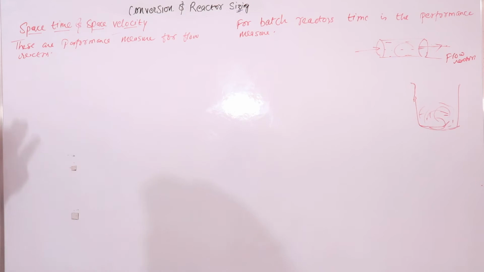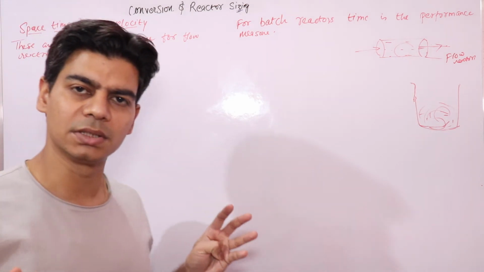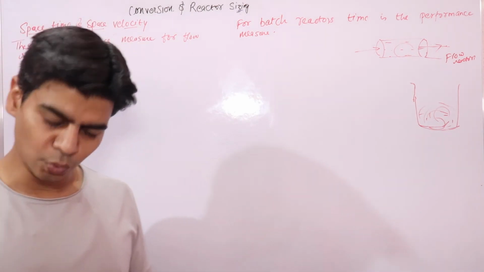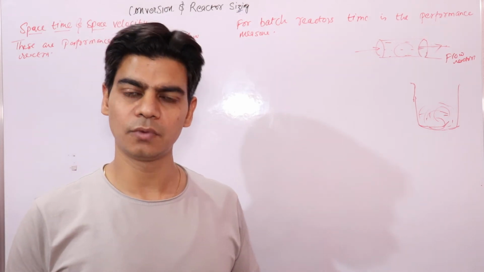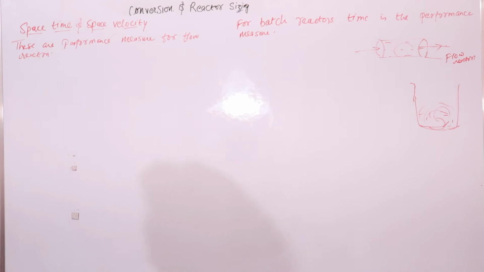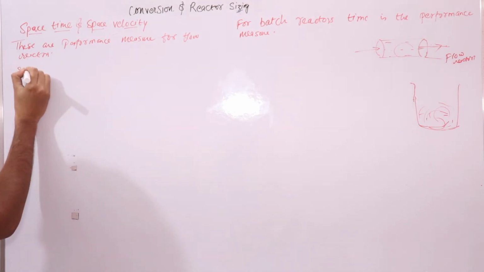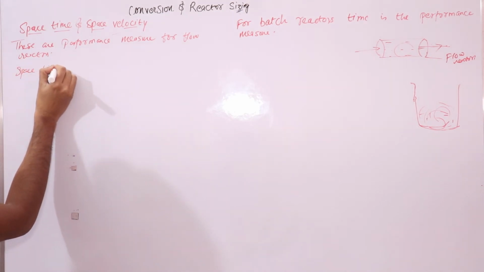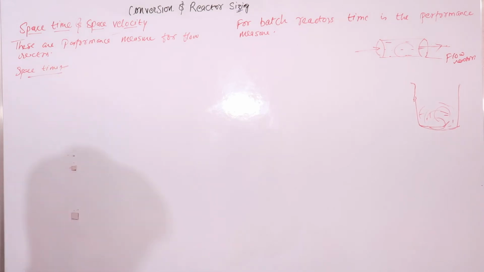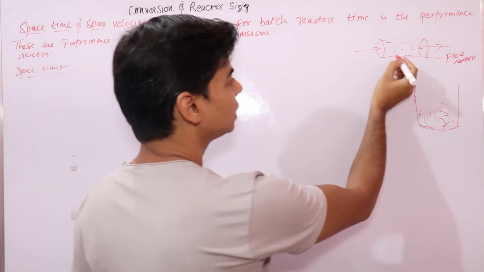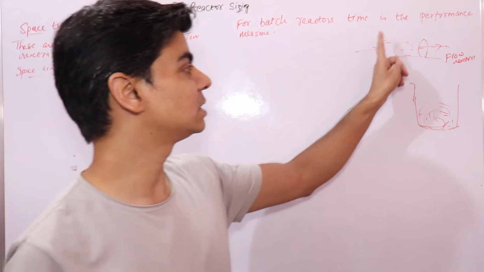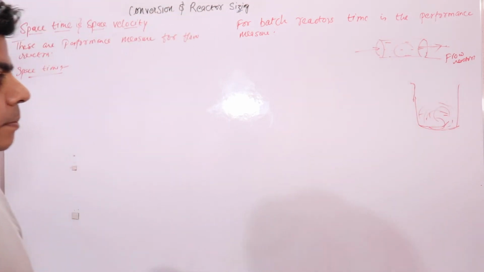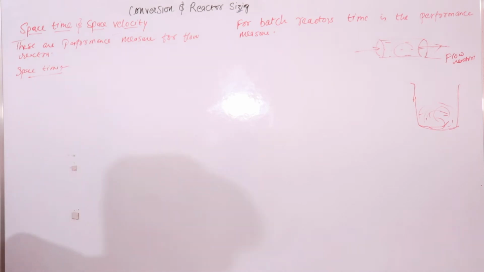This is basically the definition, right? What do we do with this space time and space velocity? We measure the performance of flow reactors, right? Now what is this space time? Space, you can understand, is the space inside the reactor. Here the space refers to the space inside the reactor, right? And time, you know what is time, right?